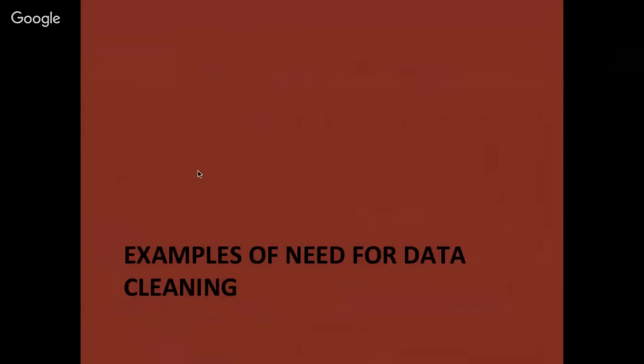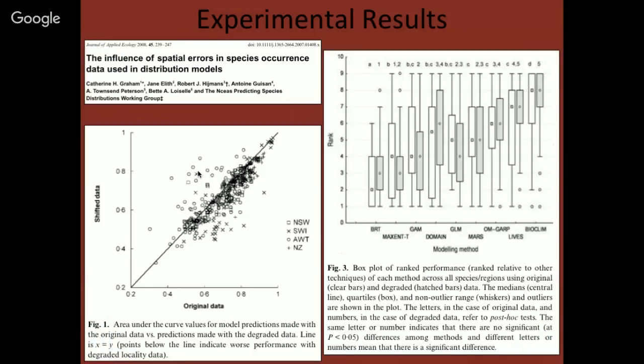So first of all, let's look at some examples, just in case you're not convinced that we need to clean up data before we use them. Here's an early paper led by Catherine Graham, where essentially error was introduced experimentally into biodiversity data sets, and species distribution models or ecological niche models were developed.